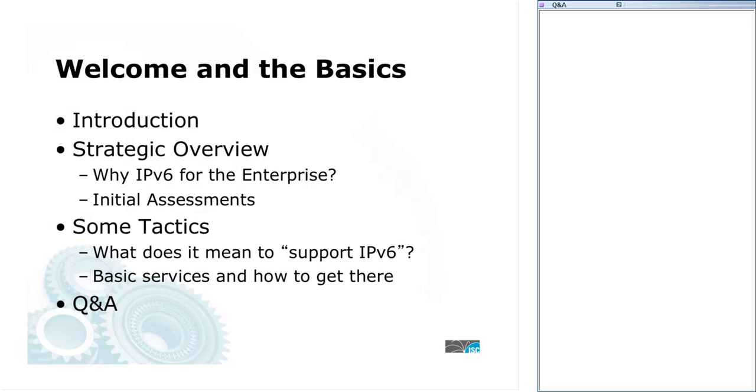Then we're going to get into some tactics, what it actually means to support IPv6, and some discussion of IPv6 and basic services and how to get there. At that point, I'll talk a little bit about how ISC can support you in your IPv6 deployment, and then we will take questions at the end of the hour.